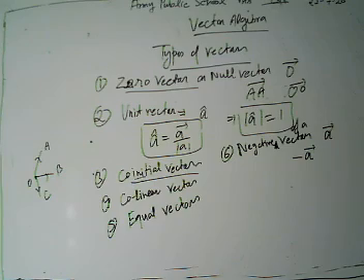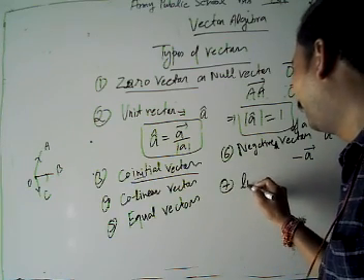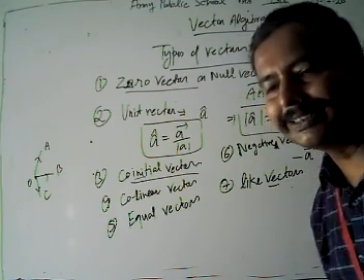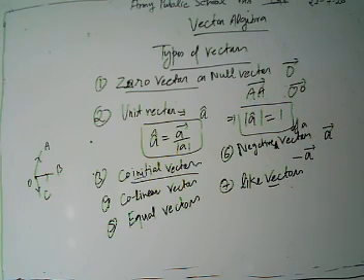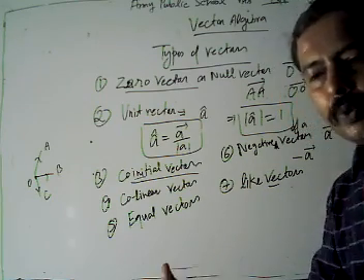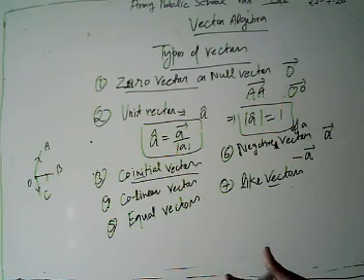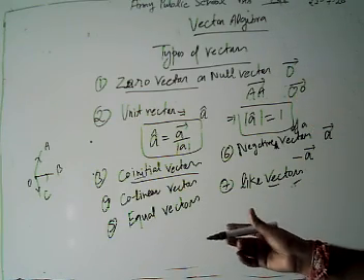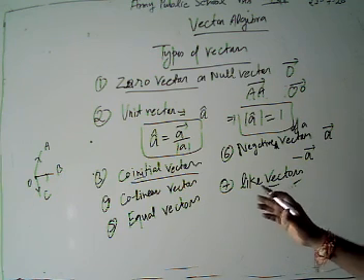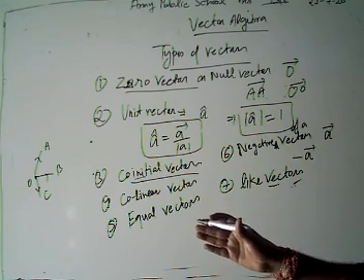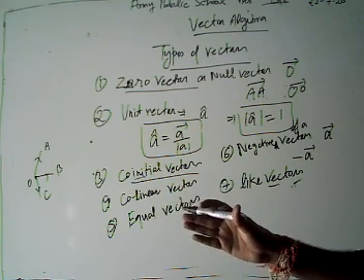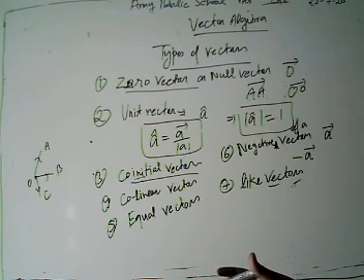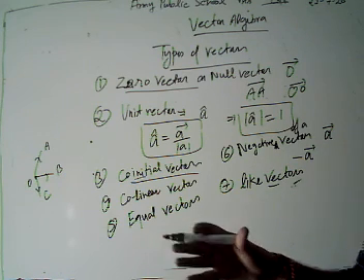Then we have other vectors, like vectors. What are like vectors? Two or more vectors are said to be like vectors if their direction is the same, and they are all drawn in the same direction, whatever their magnitude.